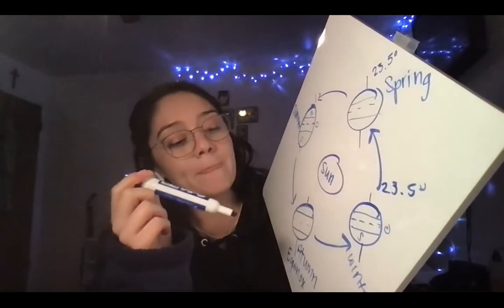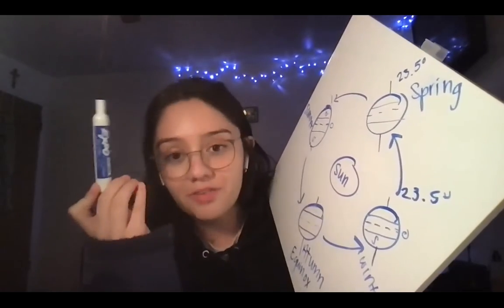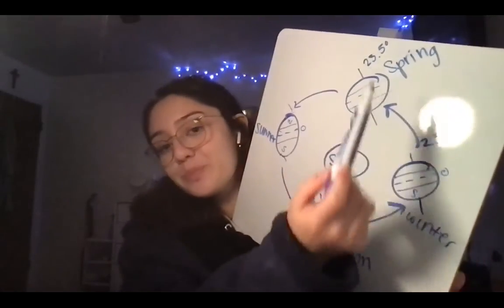And then after the shortest day ever, finally days start to get longer and longer until spring equinox. And that is how our seasons work. And that is why it is warmer in the summer and colder in the winter.